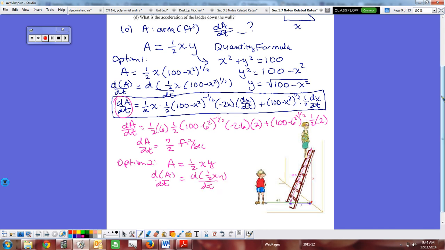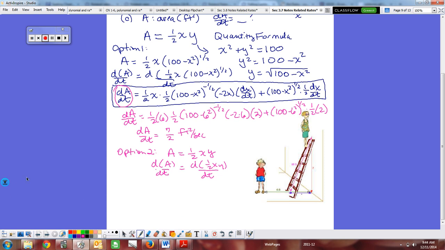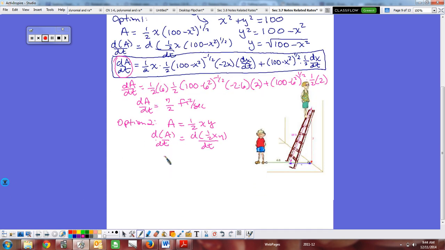Which doesn't bother me too much when I go to do my formula. So we have dA/dt equals 1/2 x dy/dt plus y times 1/2 dx/dt. And so this would give me my related rates formula, and I'm going to start plugging things in.